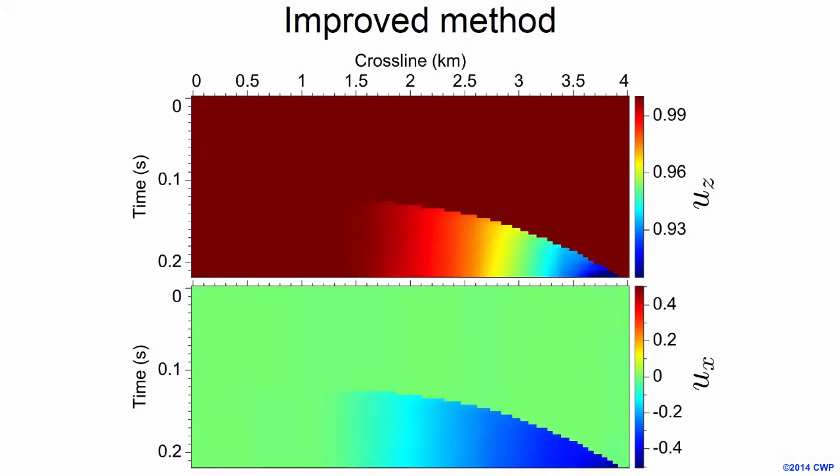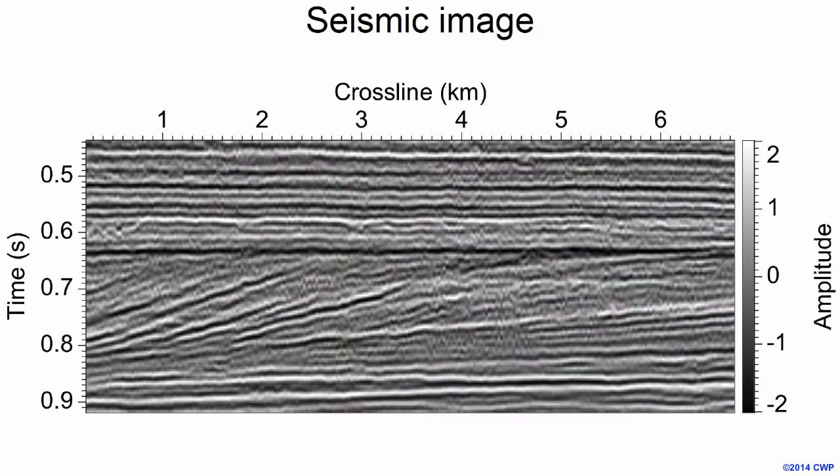Now applying our improved structure tensor method to this synthetic image, the estimated seismic normal vectors shown here are discontinuous at the unconformities. And this is what we expect. If we compare these estimated normal vectors to the true seismic normal vectors, we can observe that they are almost the same.